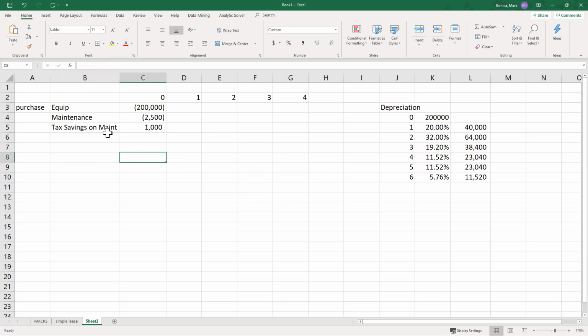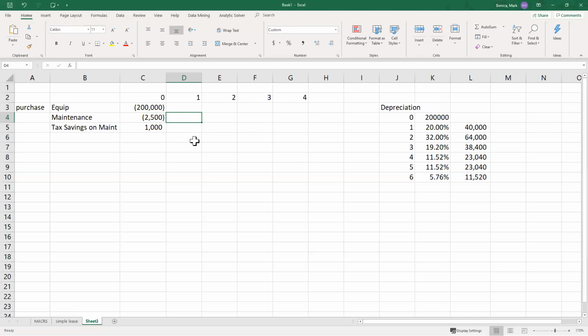So what else do we need to include for this? We bought the equipment, we're paying maintenance. So we're going to have maintenance costs happening each year, and they happen at the beginning of each year or effectively at the end of the prior year. So what am I going to do with these maintenance expenses?